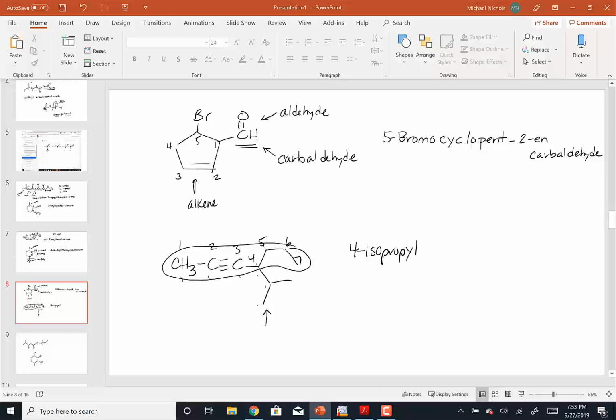And now we have a 7-carbon chain. So now we're ready for the parent name. The parent name is going to be Hept. This is an alkyne only. So this is going to be a Hept-2-yne. So this is 4-isopropyl Hept-2-yne, the name of that molecule.